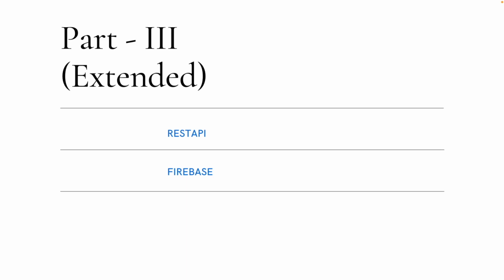You should know what a REST API is and how to interact with it, because REST API is almost a standard right now. And Firebase, which is a pretty good backend as a service platform, you should get yourself familiar with it. And of course Firebase works very well with Flutter. I recommend you get very well familiar with these 2 things, which will help you a lot in your career.